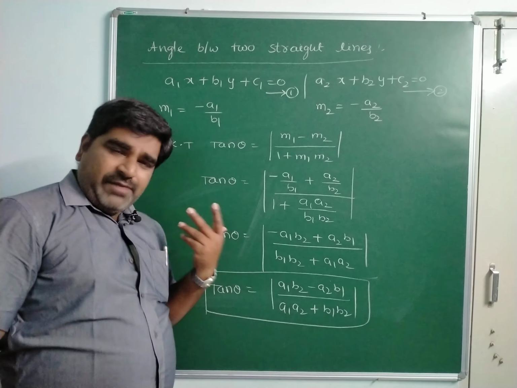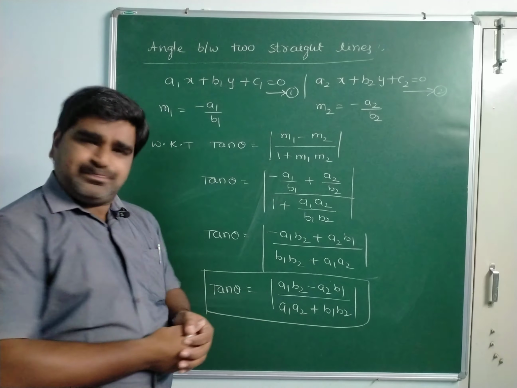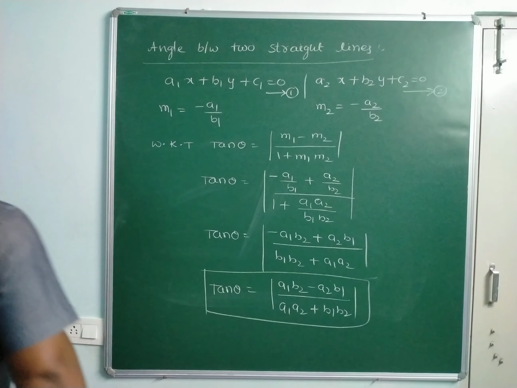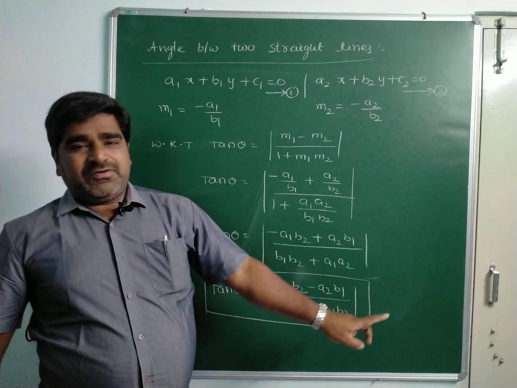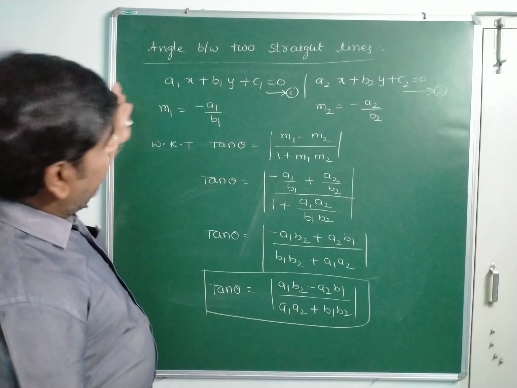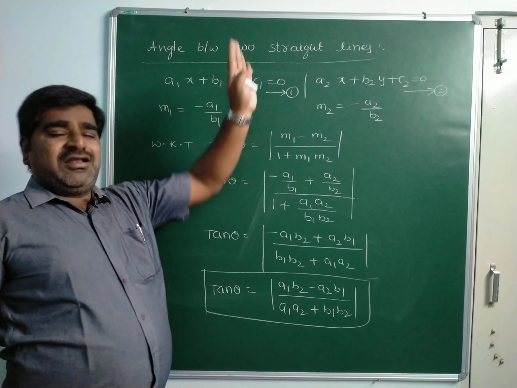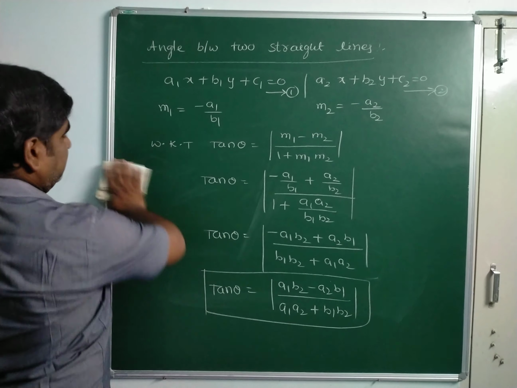For the hypotenuse square, it is side square plus side square. That you can derive. So tan theta equals (a1 b2 minus a2 b1) by (a1 a2 plus b1 b2). This is the formula to find the angle between the two straight lines when they are in general form.